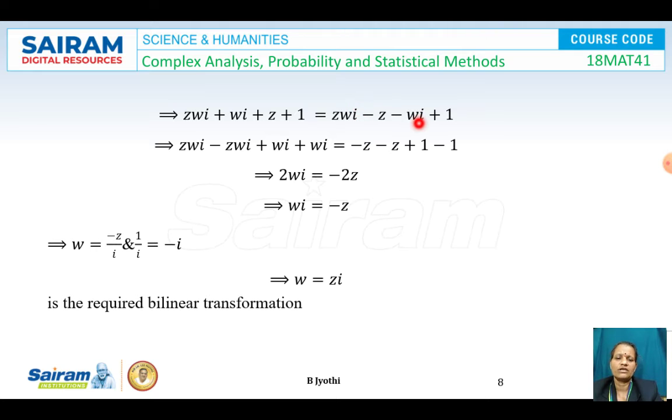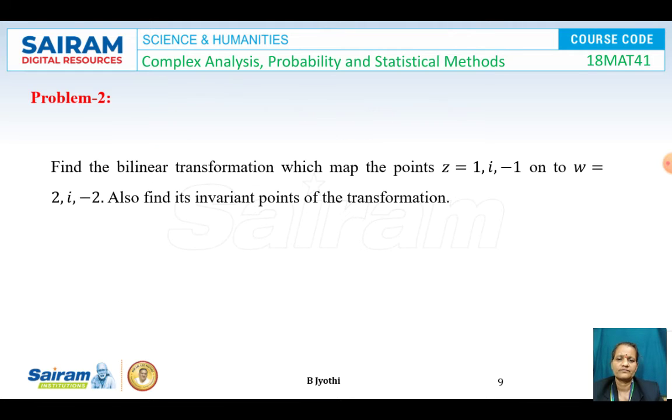Transferring all the W terms to the left hand side and the remaining terms to the right hand side and simplifying, we get 2Wi = -2Z. Cancelling 2 on either side, we get Wi = -Z, or W = -Z/i, and 1/i = -i. Therefore, we get W = Zi, which is the required bilinear transformation.